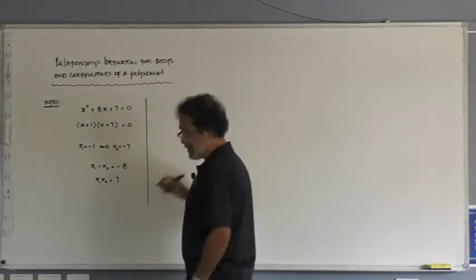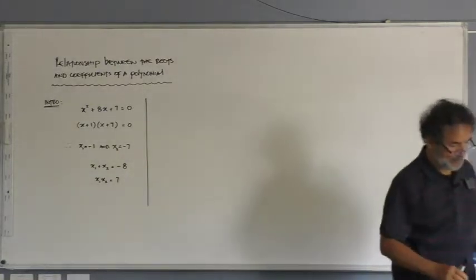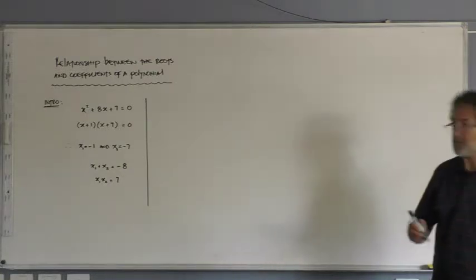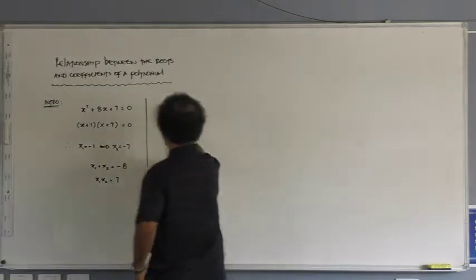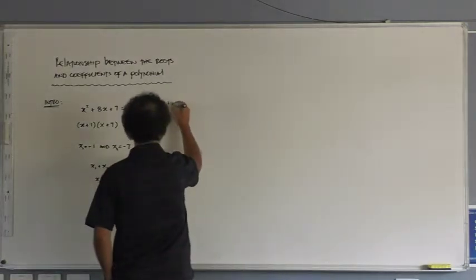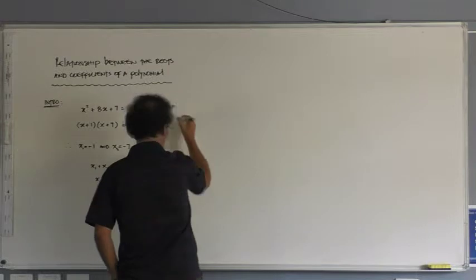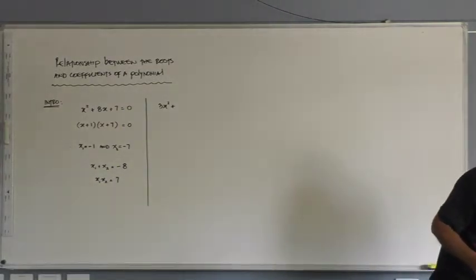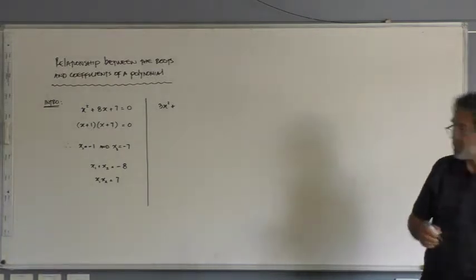All right, let's say that you have this equation now: 3x squared plus 2x minus 5.